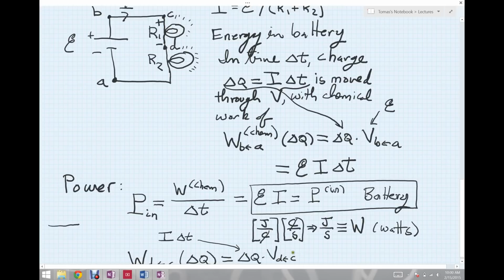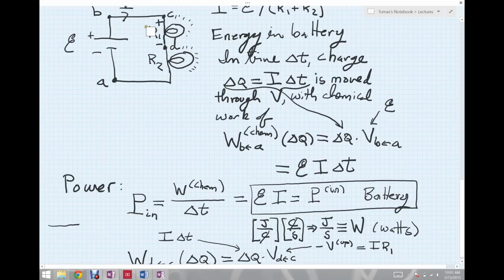So I can account for this by thinking about the upstream voltage that we usually have for a resistor, but remembering that I'm going in the opposite direction. So this is going to be minus V up, where up means the positive upstream voltage for a resistor, or in fact this could be for any element. I'm giving you a quite general analysis, but in the case of a resistor, we happen to know in this particular case it's going to be I times R1.